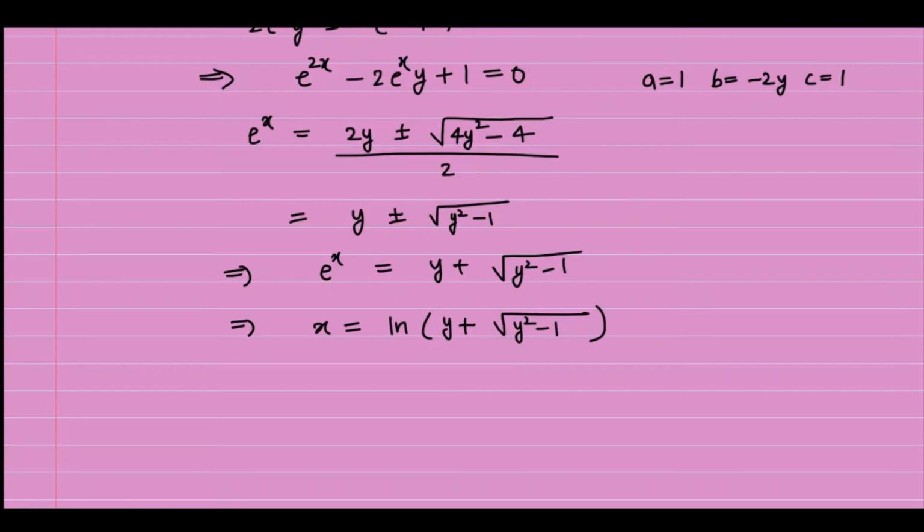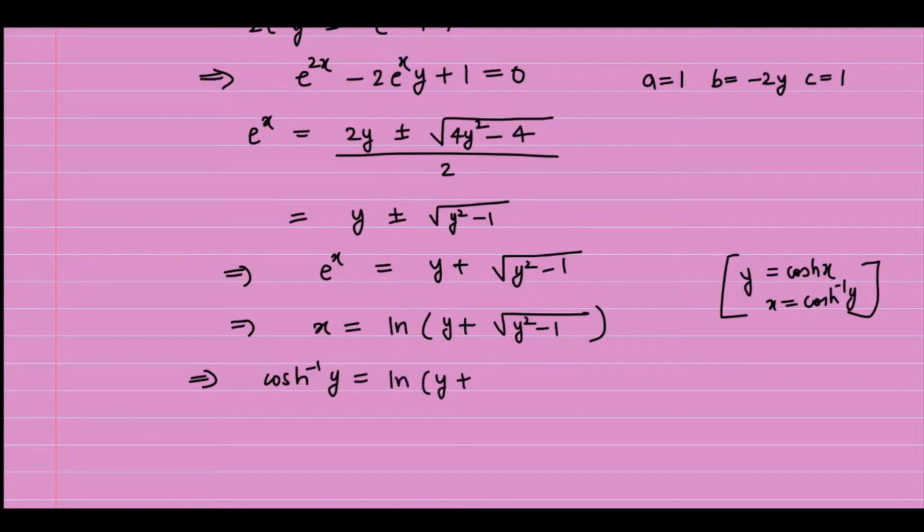Now in the beginning we have taken y equal to cosh x. So we got the value for x. So x is nothing but cosh inverse of y. So we substitute for x. This implies cosh inverse of y equal to ln of y plus square root of y square minus 1.